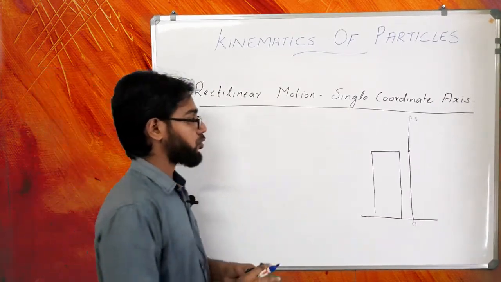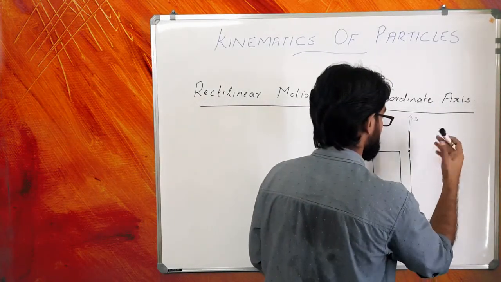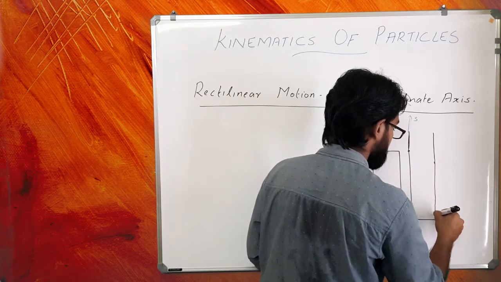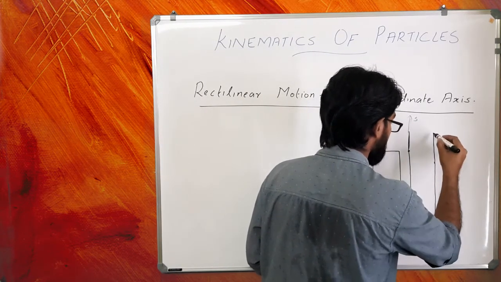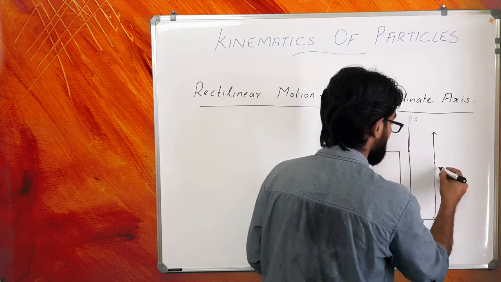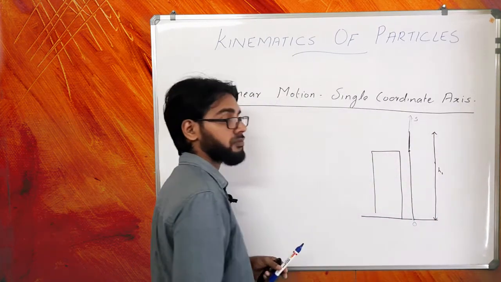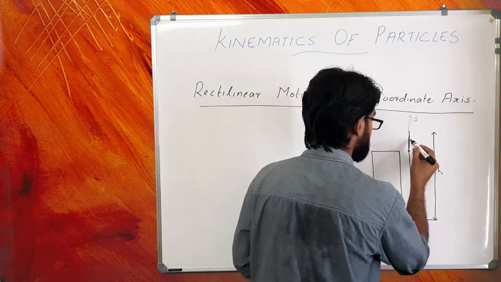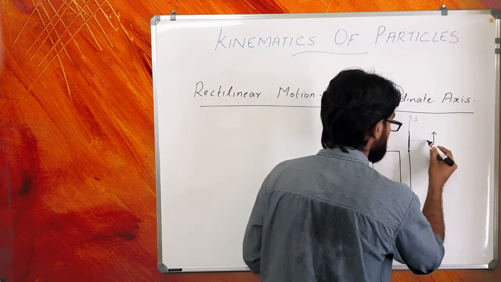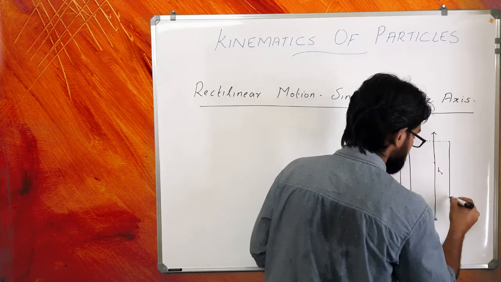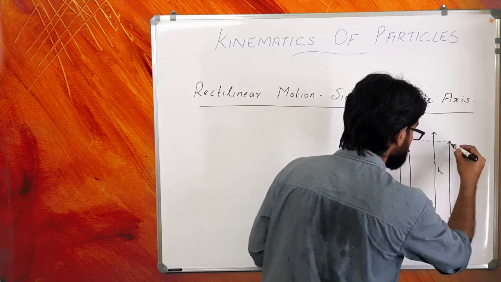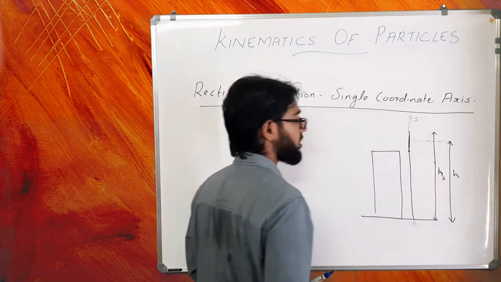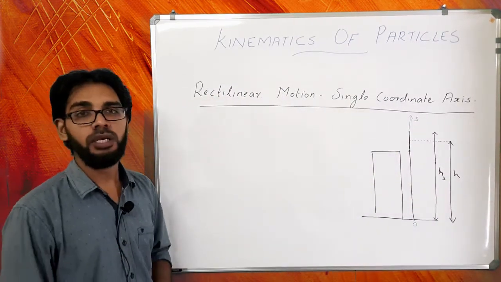Suppose the maximum height the ball travels from the ground is hs. This is hs, this is h. Consider a height in between.